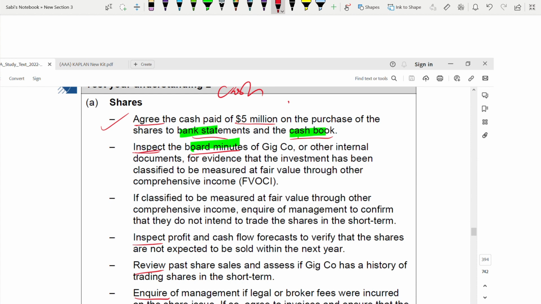Inspect the board minutes of that company, whatever the company is, in this case the investee company. Why? For evidence that the investment has been classified as FVOCI, in accordance with the standard, SBR, that is IFRS 9 financial instruments.